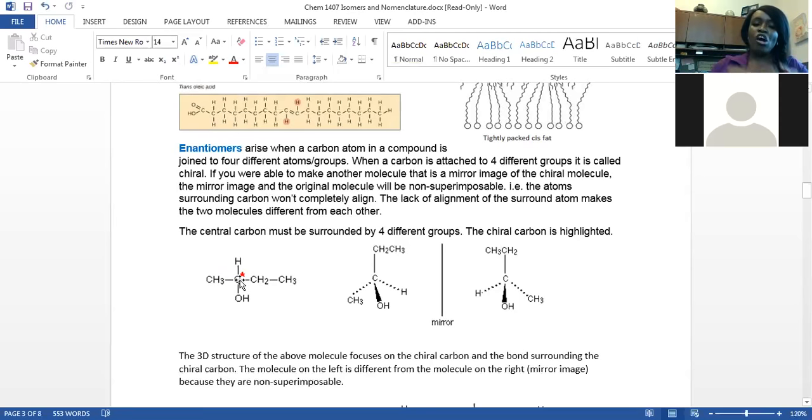Now, when you have a chiral carbon, when it's being made, its mirror image can also be made unintentionally. And so when I'm teaching this on campus, I usually like to say that it's like identical twins, you know, how they're formed. They almost look the same.